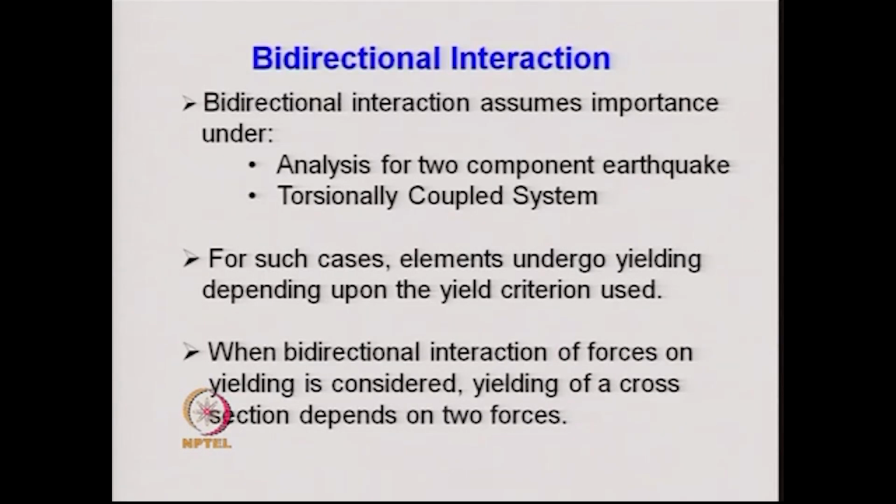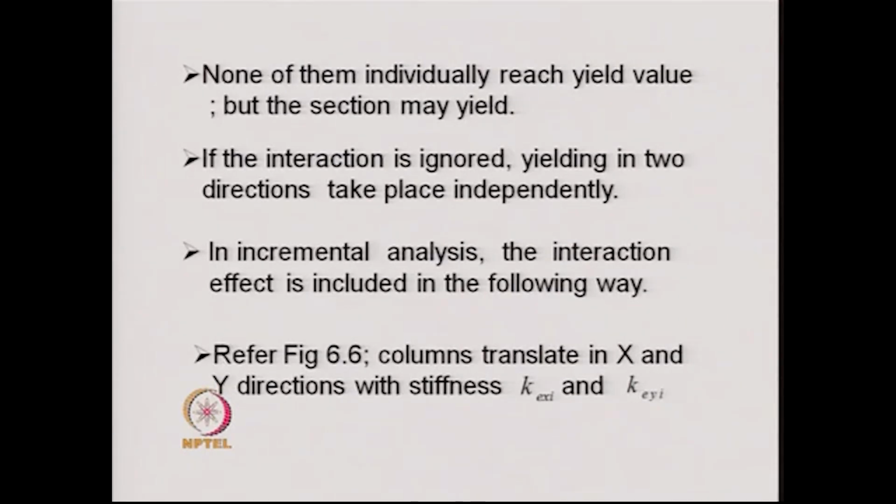In the case of bidirectional interaction of forces, that is the forces developed in the x and y directions of the column, if we consider the yielding, then the two forces developed in the two directions are to be considered. It is seen that individually in each direction the column may not reach the yield value, yet the section may yield because of the yield criterion that is assumed.